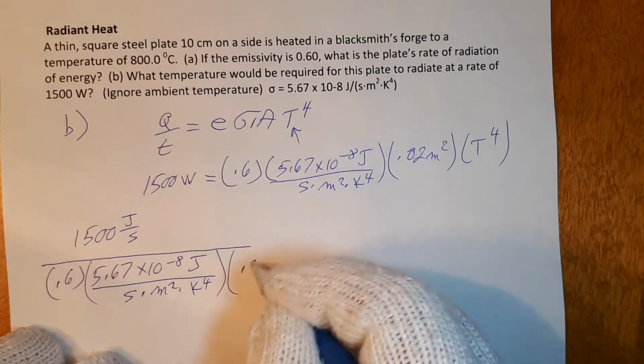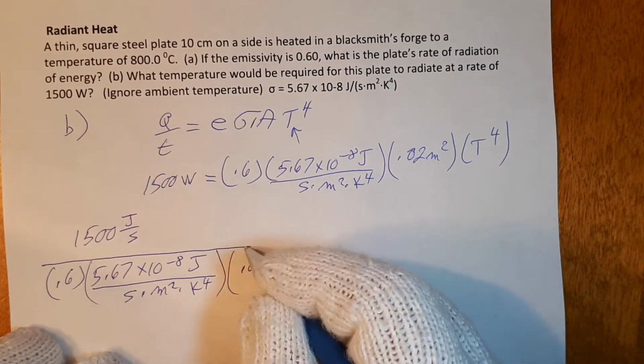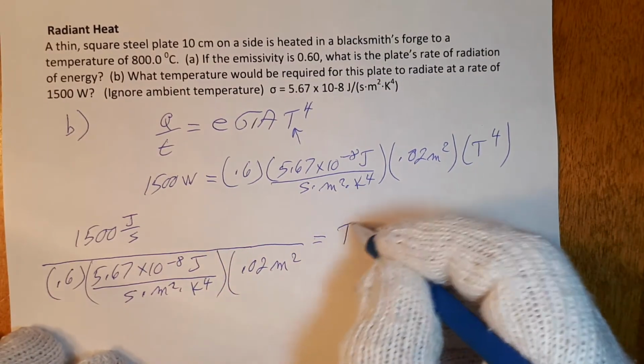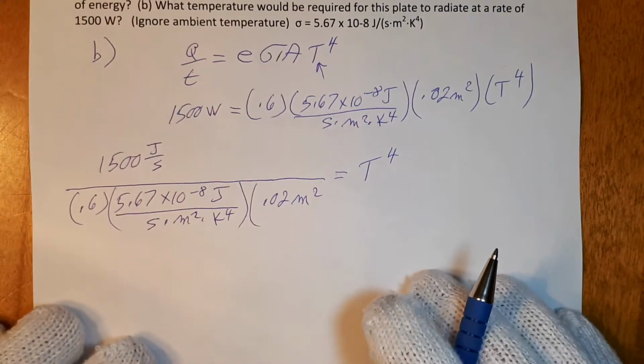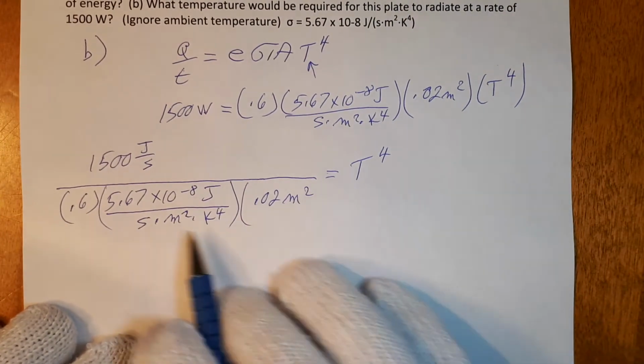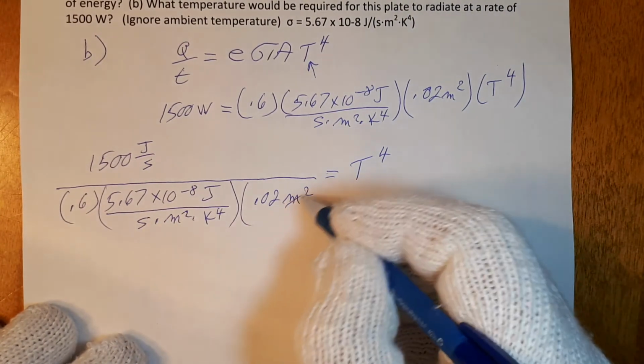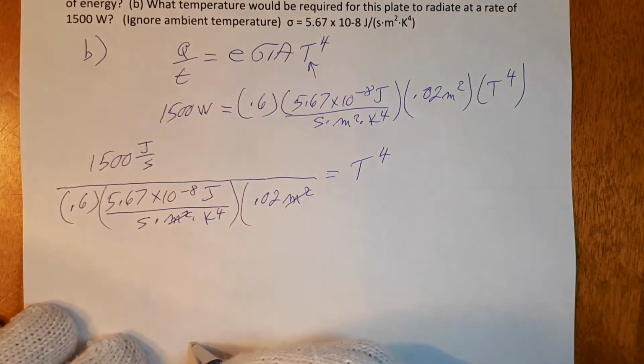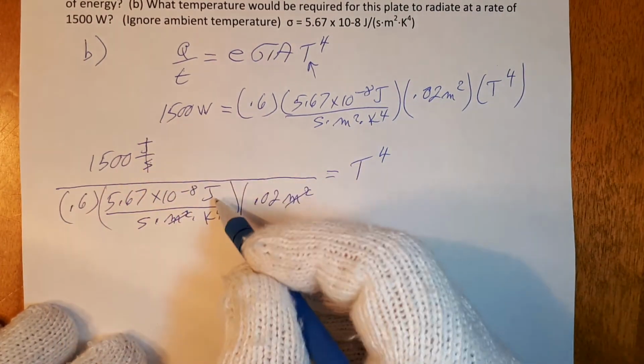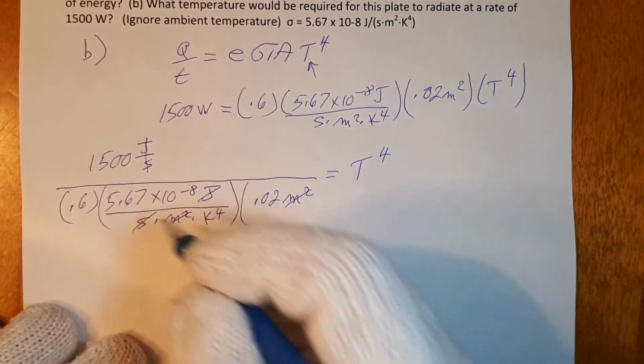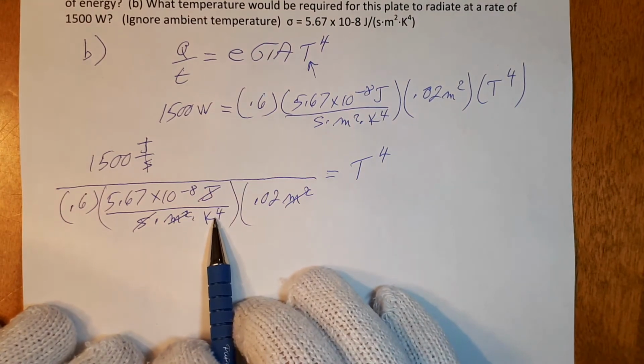And 0.02 meters squared is equal to temperature to the power of 4. Looking at the units in the denominator, meters squared will cancel out. Joules per second and joules per second also cancel out, leaving Kelvin to the power of 4.